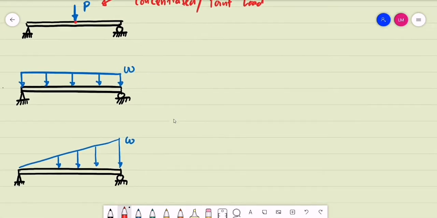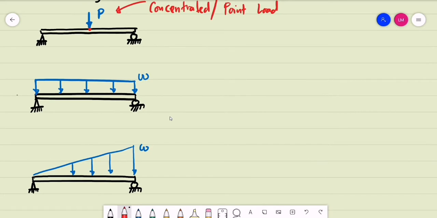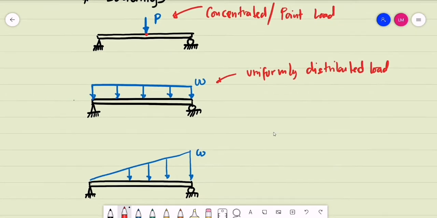Then the next one is a uniformly distributed load, or also known as the rectangular load, since its shape is a rectangle.